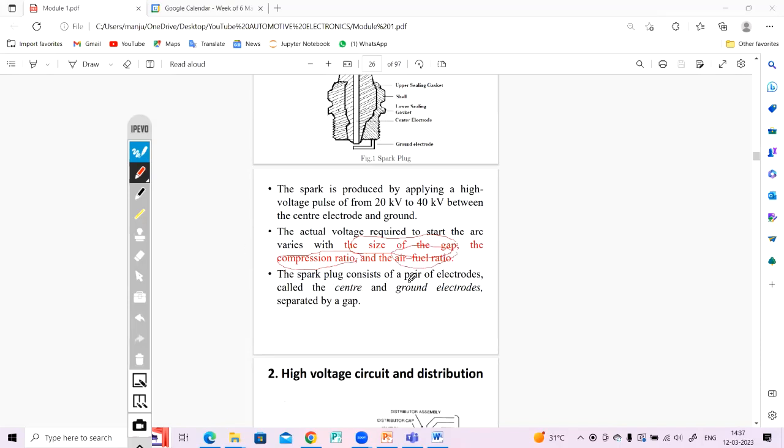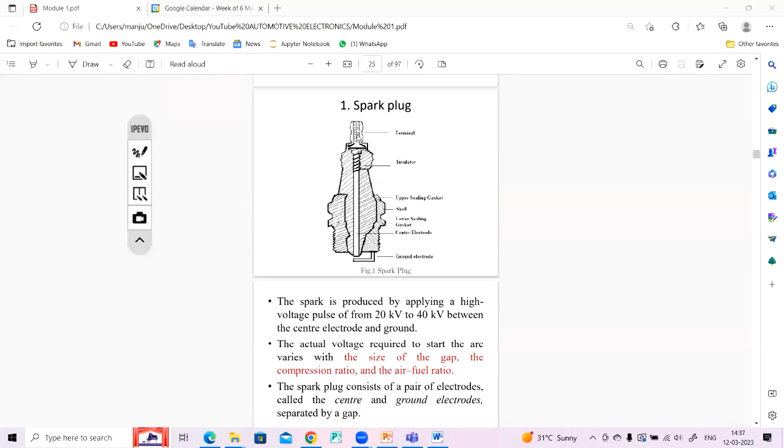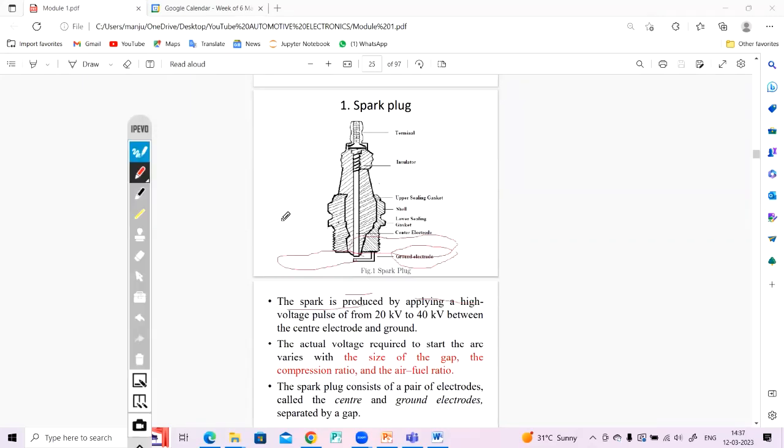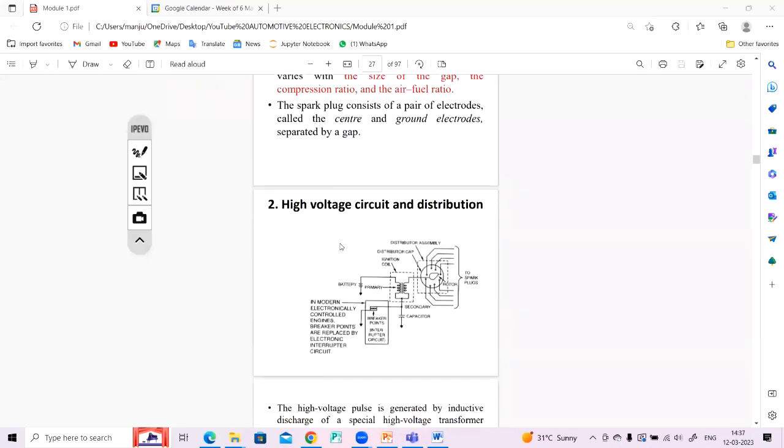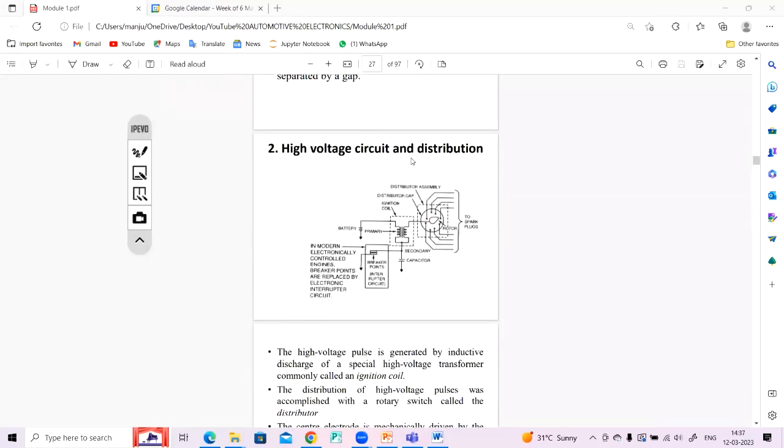The spark plug consists of a pair of electrodes, called the center and ground electrodes, separated by a gap. So this is the high voltage circuit and distribution.